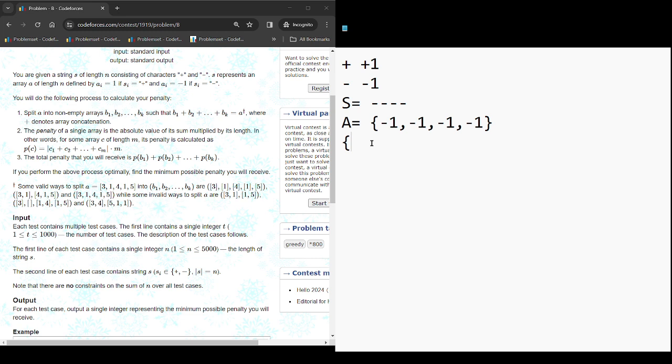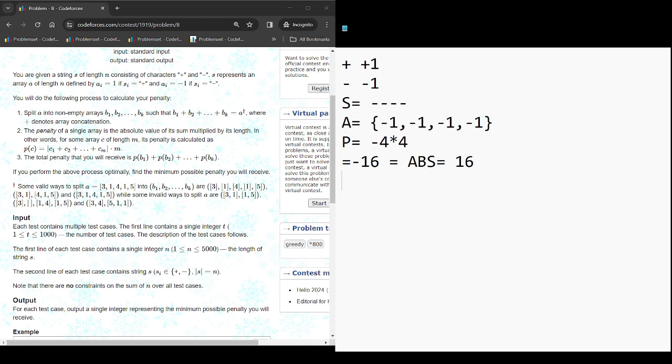If the array is minus 1 four times, the sum is minus 4, and the length of the array is 4, so minus 4 into 4 would be minus 16, and the absolute value of this is 16. So the penalty here would be 16, right?